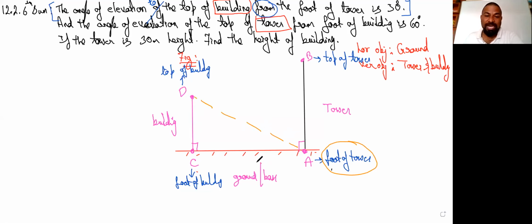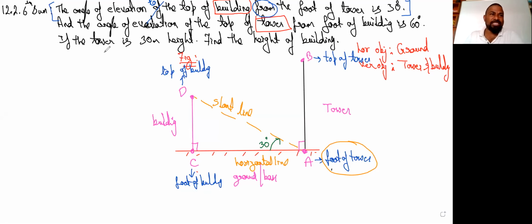Now we got the horizontal line, and this is nothing but the slant line. So what is the angle we got? Here he is observing with an angle of 30 degrees.